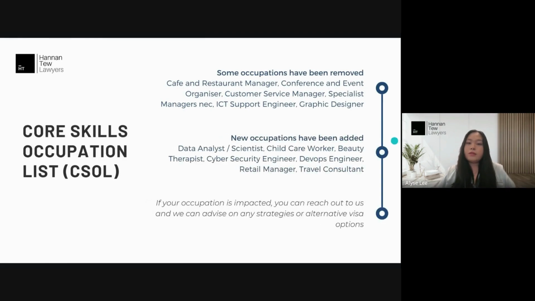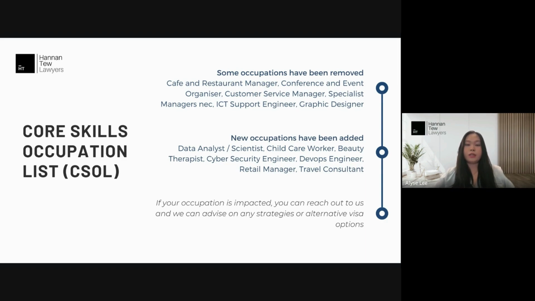The core skills occupation list was released on the 3rd of December 2024, and it mainly applies to the core skills stream. So the full list has about 456 occupations. There are 40 occupations that were on the previous short-term skilled occupation list and the medium to long-term list, sponsorable under the old TSS program, but are no longer included in the current list.